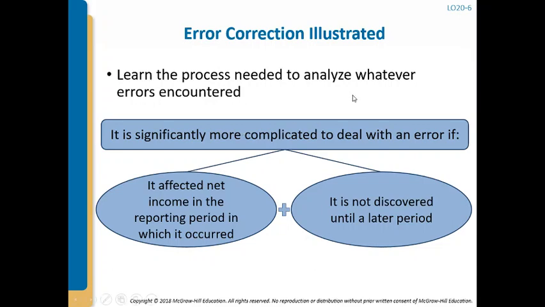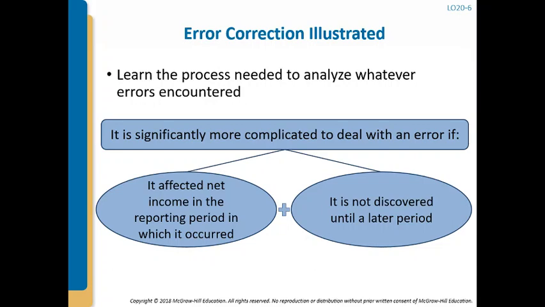In most cases, it's going to make things more complicated as well. If you find the error in the period that it occurs, you simply reverse the entry. If you made an incorrect entry, you simply reverse that entry and make the correct entry if you discover the error in the same period.